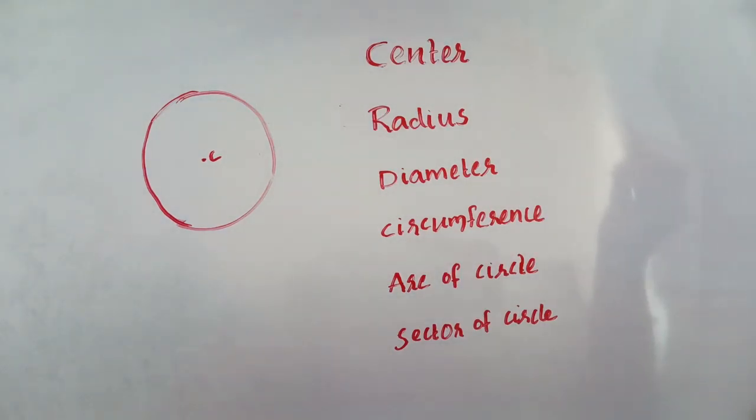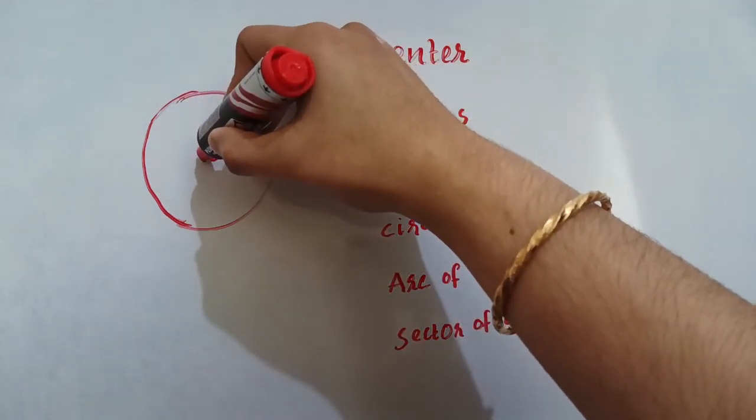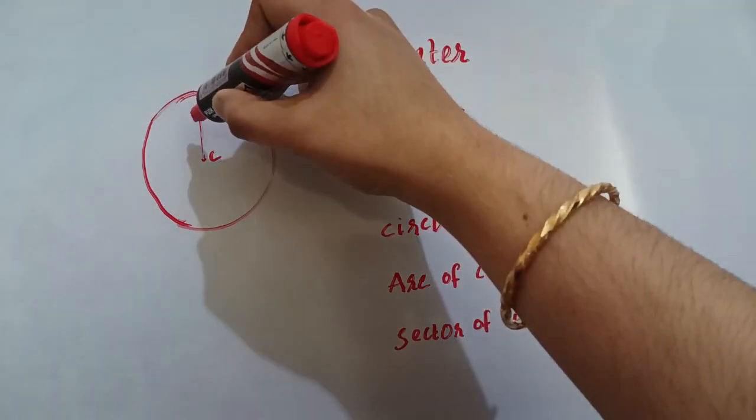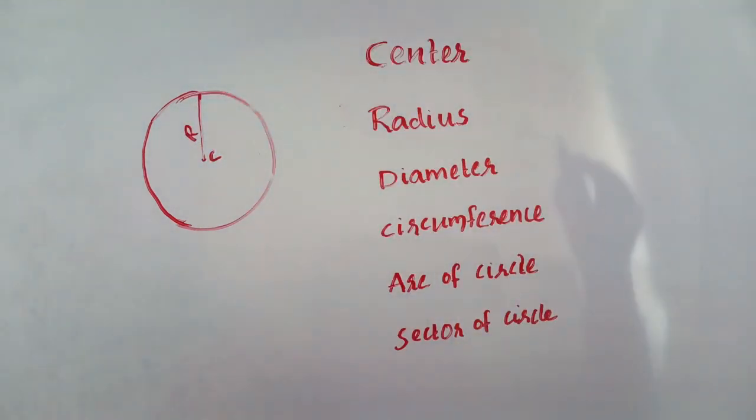A radius is the fixed distance between center and set of point. That is, we can mark radius. This distance is called radius. It is denoted by R. Next, diameter.